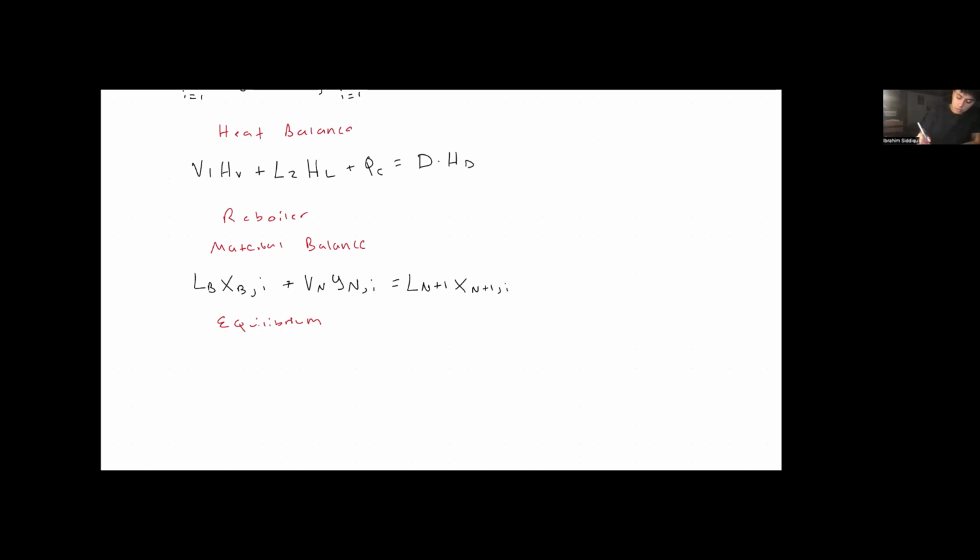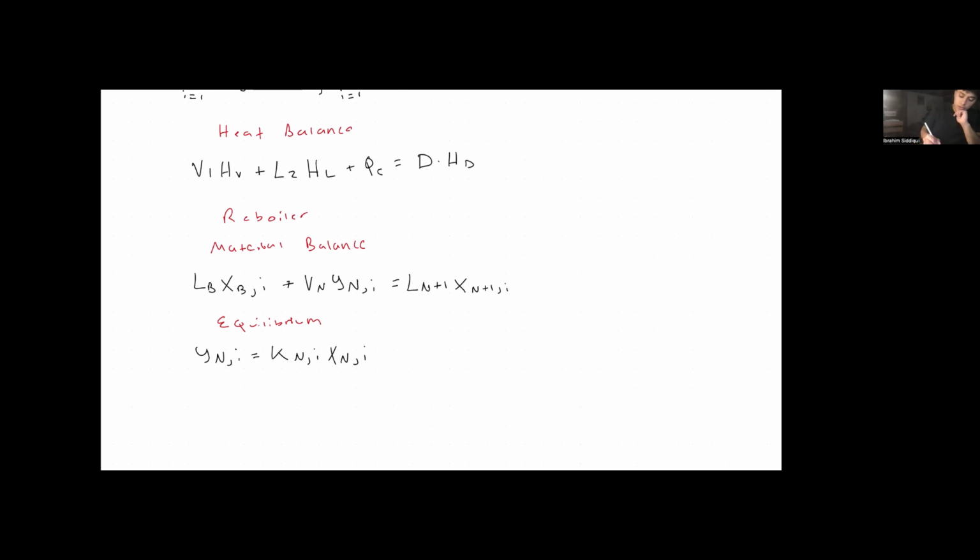So doing that, we get our vapor composition at stage n for component i equal to our K value at component i, and this is going to be multiplied by our liquid composition at stage n for component i.